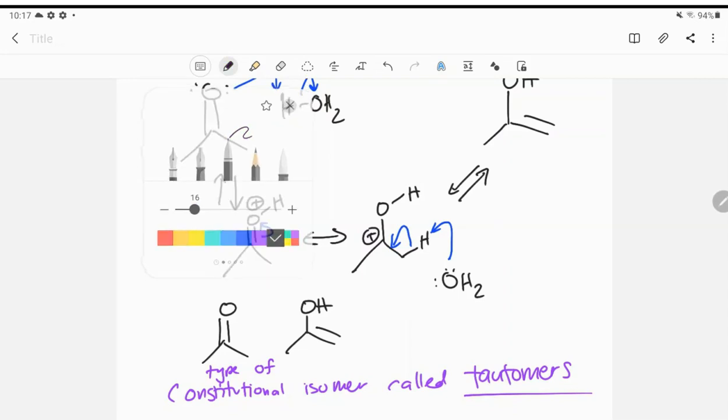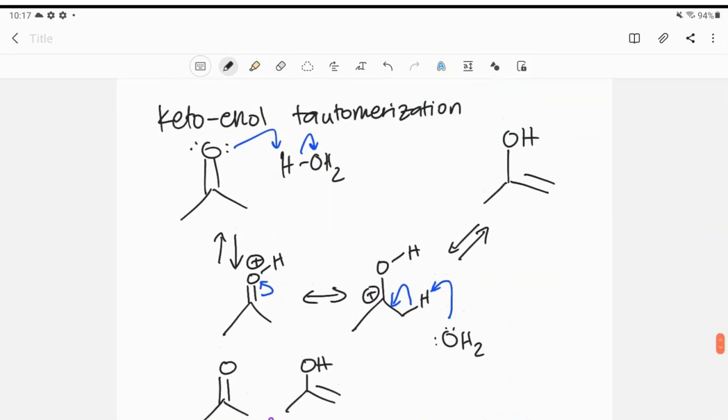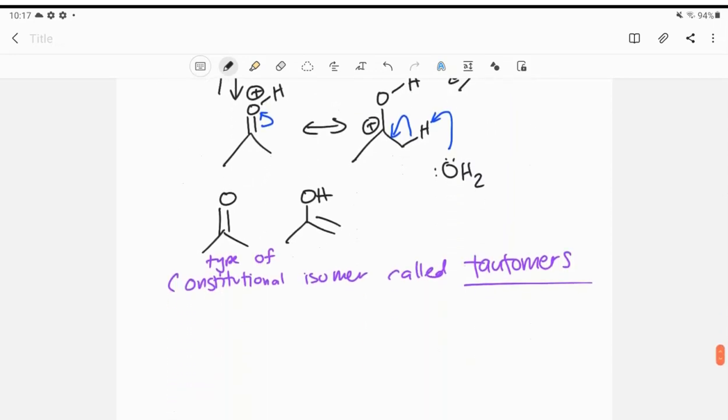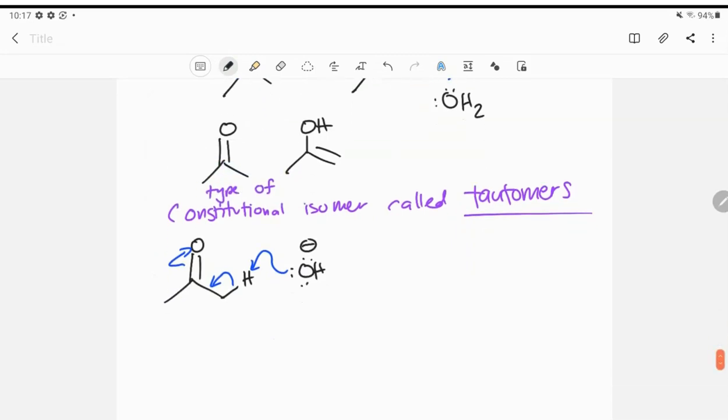And we're going to see that it can happen with base catalysis as well. This is the H plus version of the mechanism. The OH minus version we can do as well. There's not really a preference for one over the other. Base one's a little bit easier.